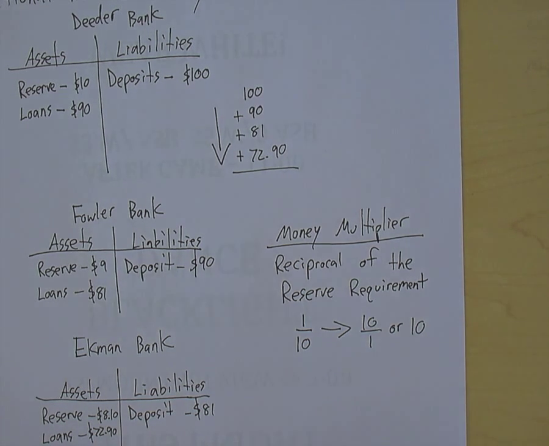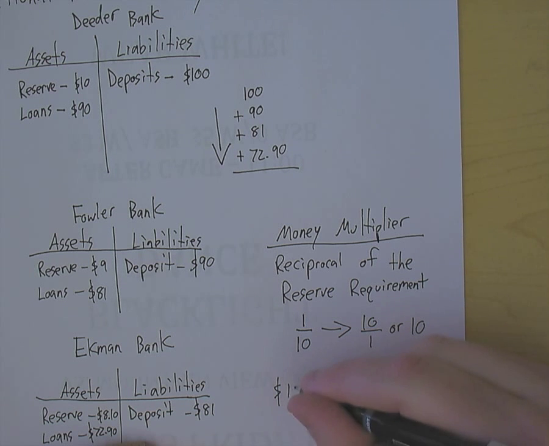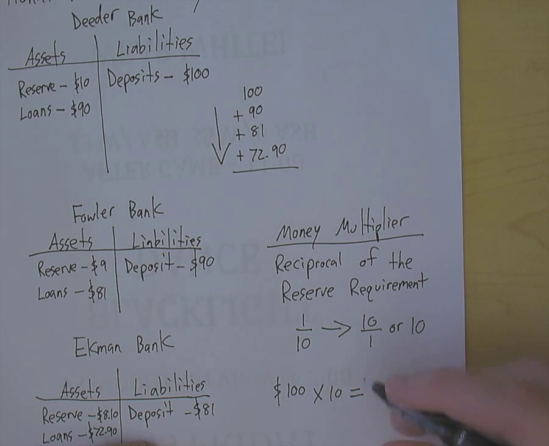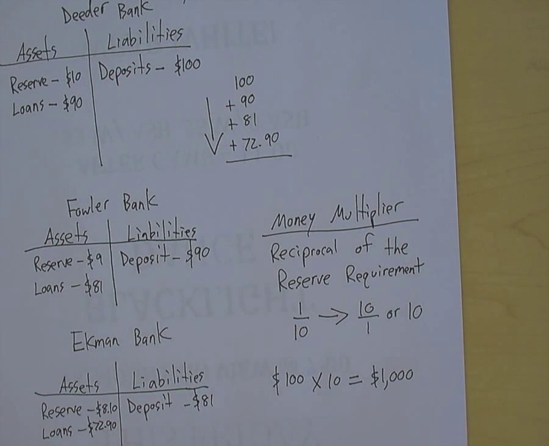So to figure out how much money is going to be created in our society, we multiply it by the money multiplier. So in this case, the Fed Reserve deposited $100 into the Dieter Bank. The reserve requirement is 10%, so the amount of money created for our community here is going to be $1,000.